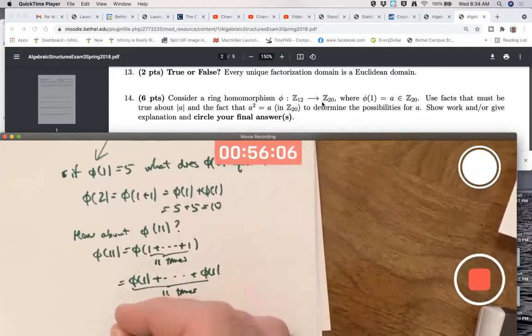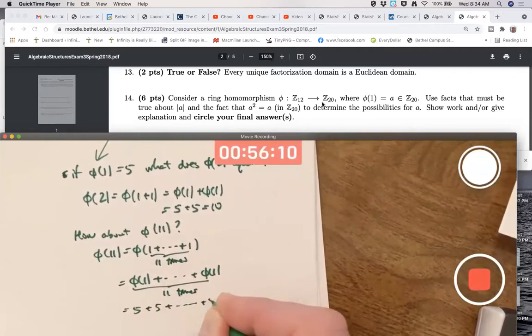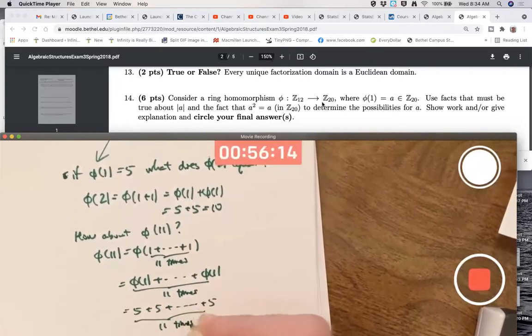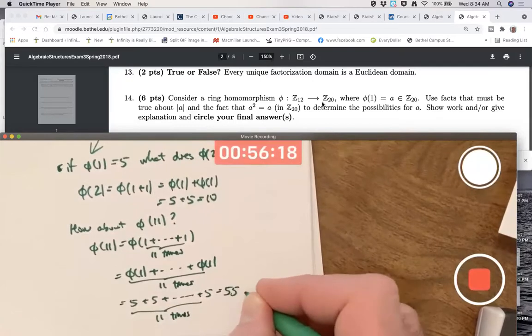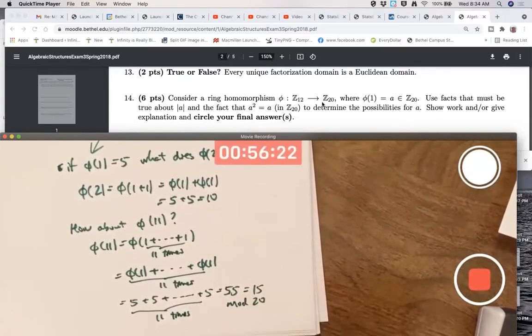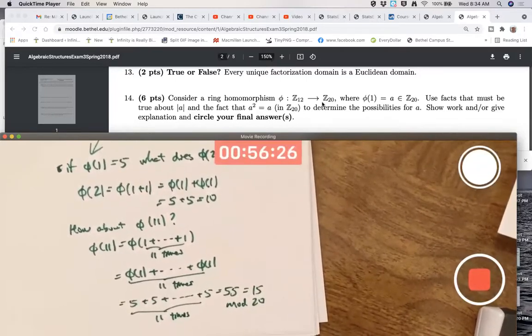In other words, 5 added to itself 11 times, which would be 55, and then mod by 20, that's going to be 15. Okay, so you should be able to do that kind of calculation as well.